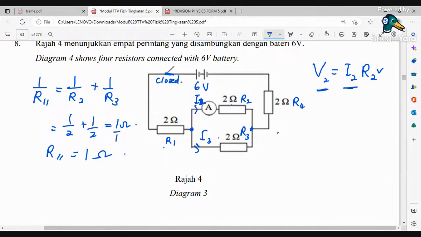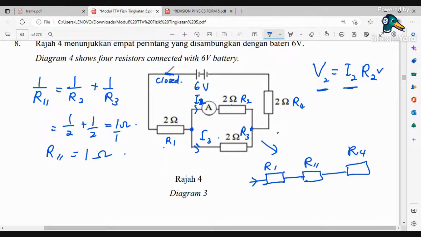Okay, so I can simplify this circuit. R1, then let's say this one is R parallel, then I have another one, R4. So they are parallel to each other. I need to find the voltage across the parallel part.